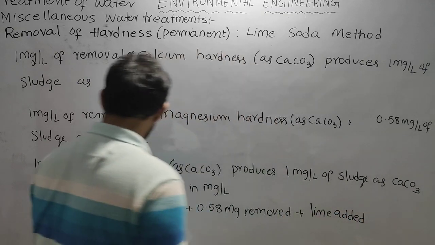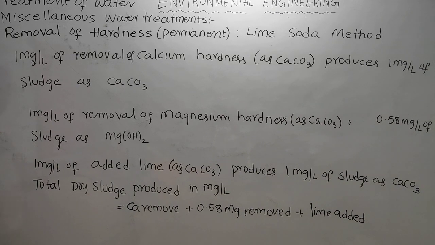So this is the total dry sludge produced in mg per liter.